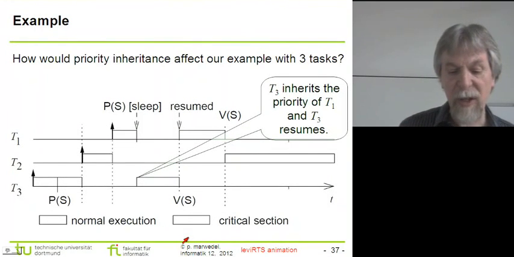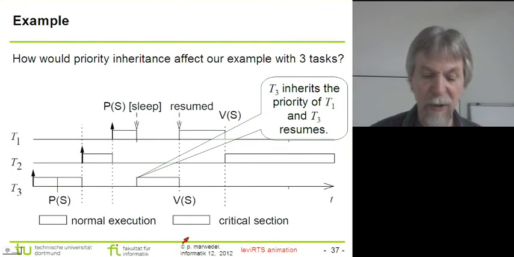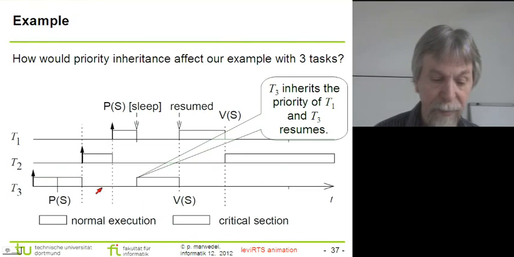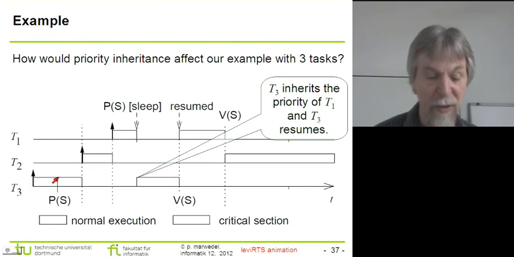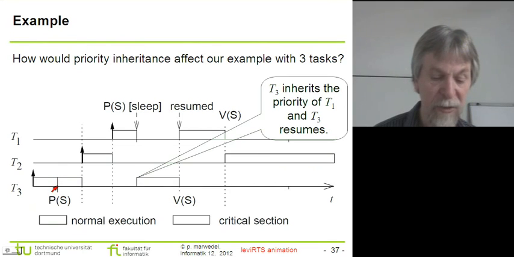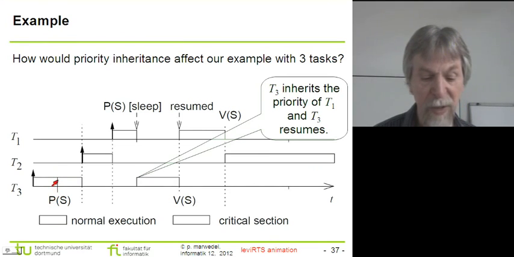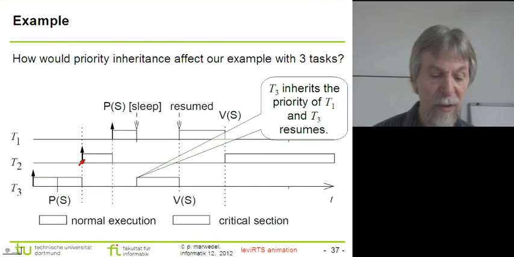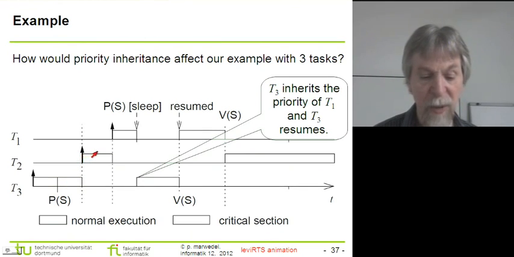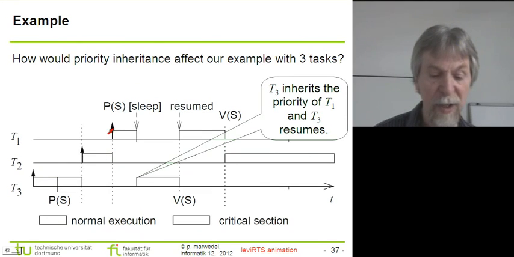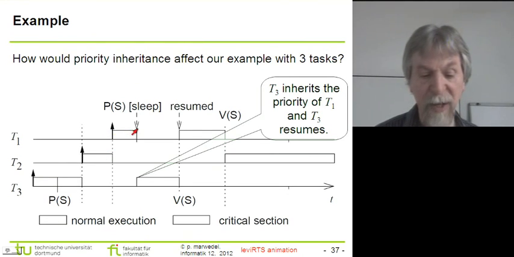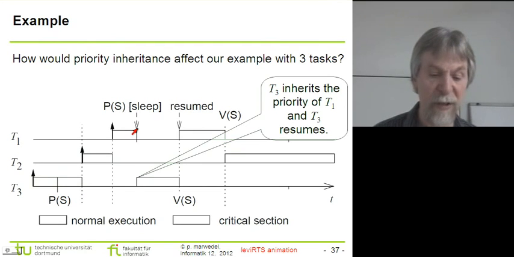So now let's look at how our system is actually handling the situation that we have seen earlier. So let's look at this situation where we have this task T3 that's executing without actually having access to some shared resource. Now it's executing the P of S operation, and now T2 becomes executable, and we execute T2, and now T1 becomes executable, and at this time T1 executes the P of S operation.